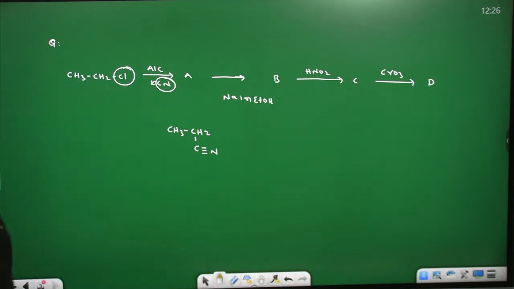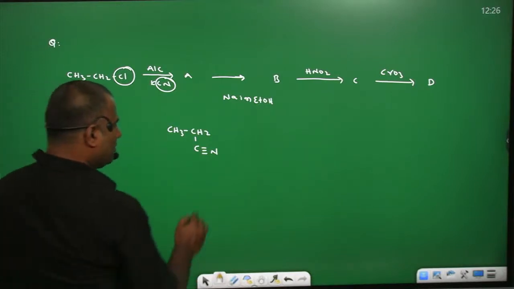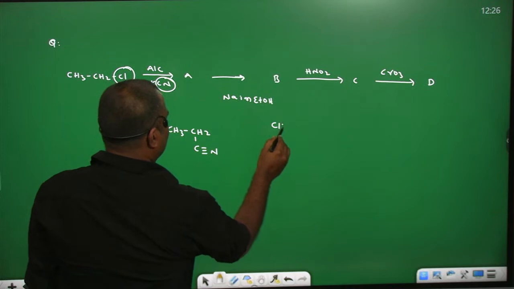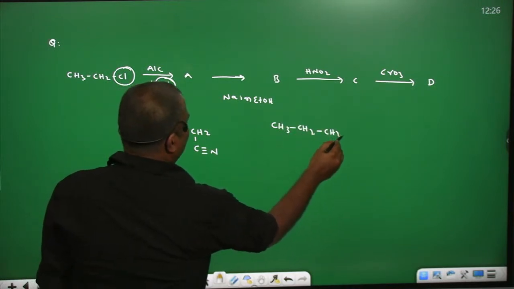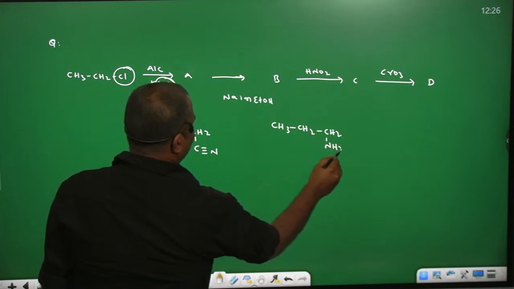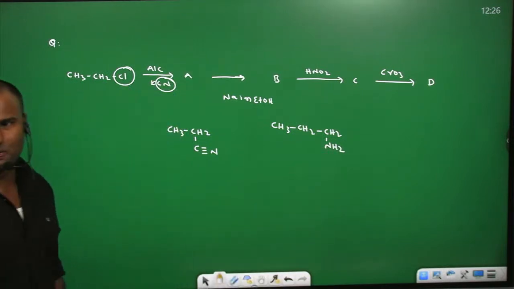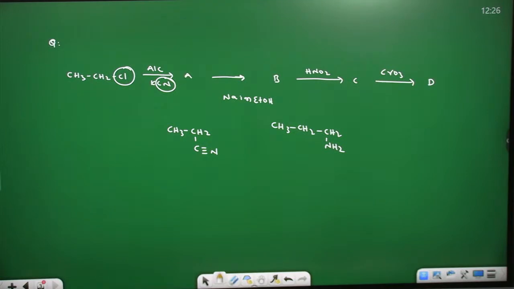Sodium in ethyl alcohol, what will happen? The CN turns into CH3CH2CH2NH2, a primary amine. The primary amines, as we discussed yesterday, by treatment with HNO2, can convert into alcohols.